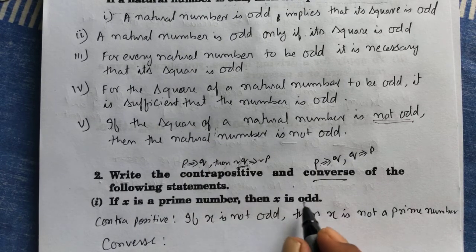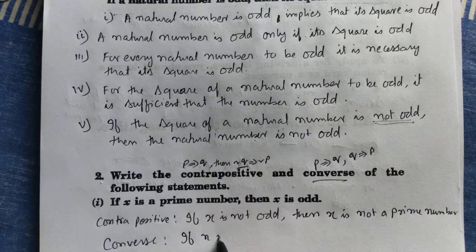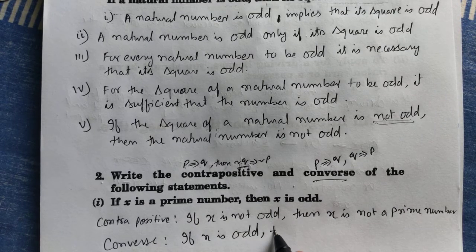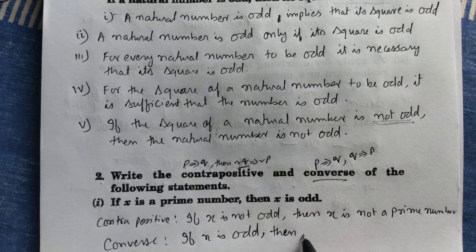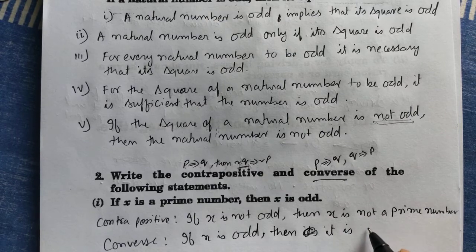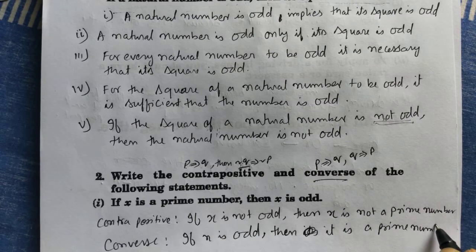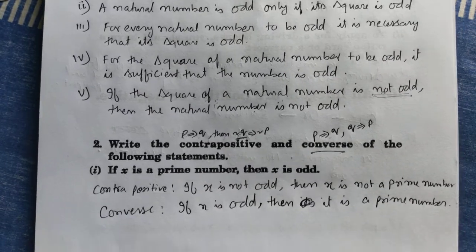We'll say if x is odd, then it is a prime number. Okay, similarly we'll do this one also.